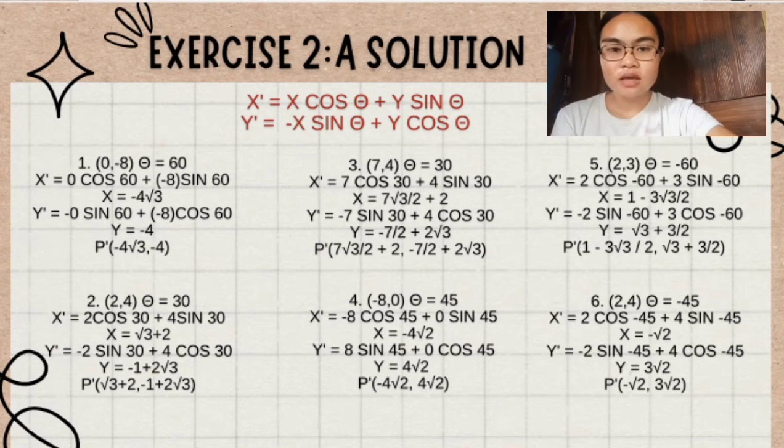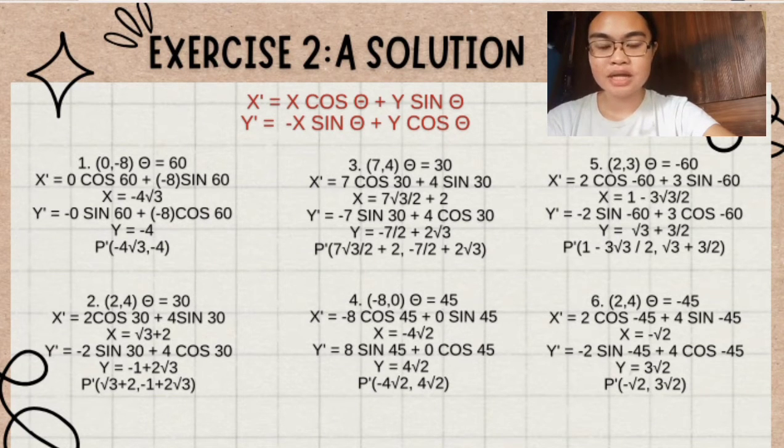And for y dash is equals to negative 2 sin 30 plus 4 cos 30. So our y dash is equals to negative 1 plus 2 square root of 3. So our p dash is equals to square root of 3 plus 2 and negative 1 plus 2 square root of 3.